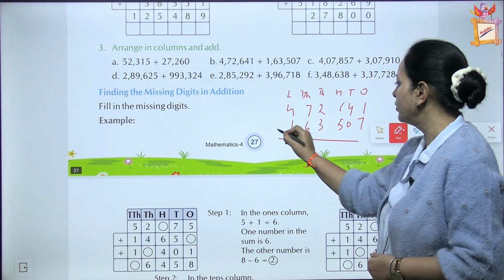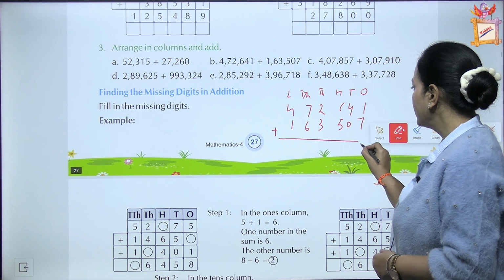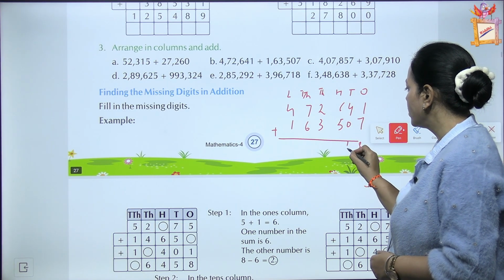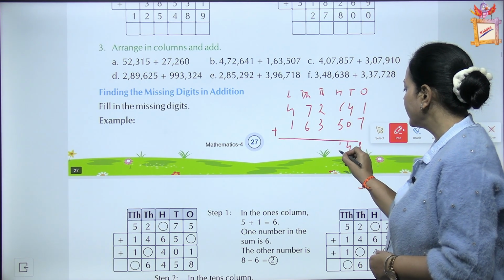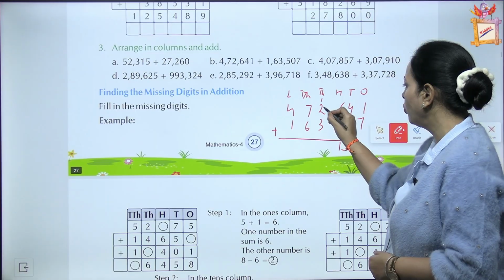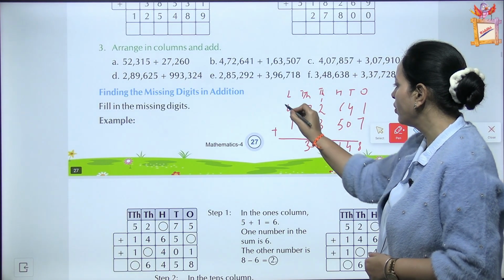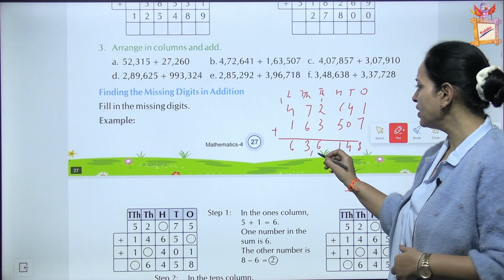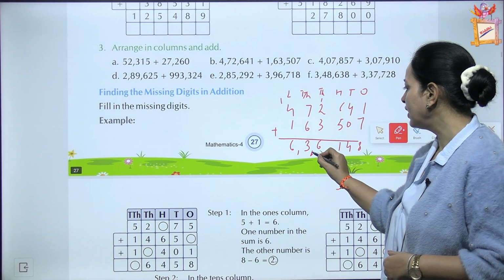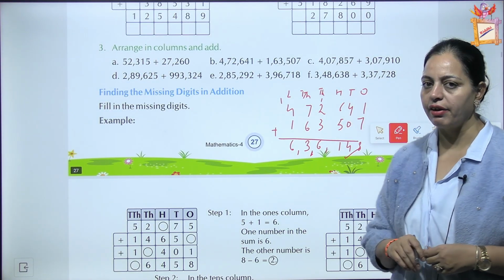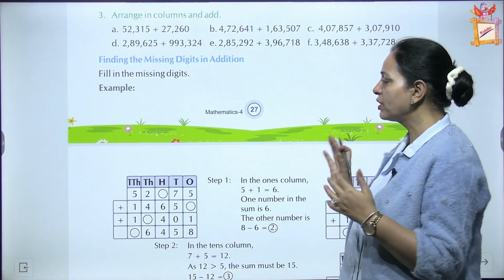Add these numbers. So what are you getting? 7 and 1, 8. 4 plus 0, 4. 5 and 6, 11. So 1 carry. 3, 2 and 1, 6. Now 7 and 6, 13. So 1 carry. So this is 6,36,148. I hope this is clear to you.